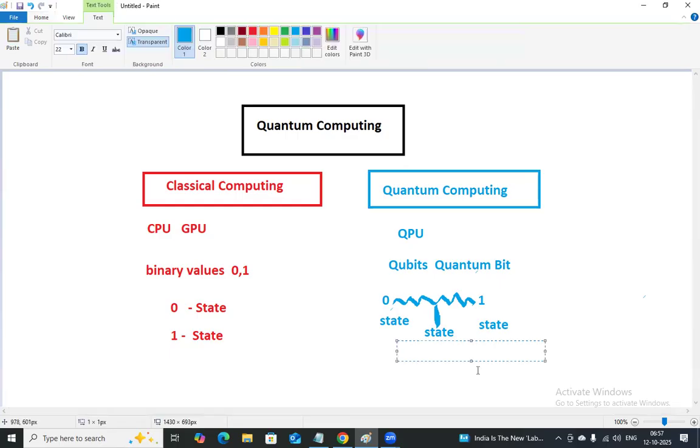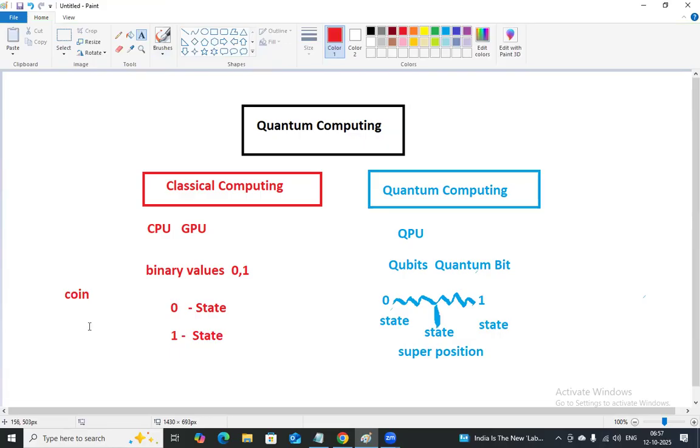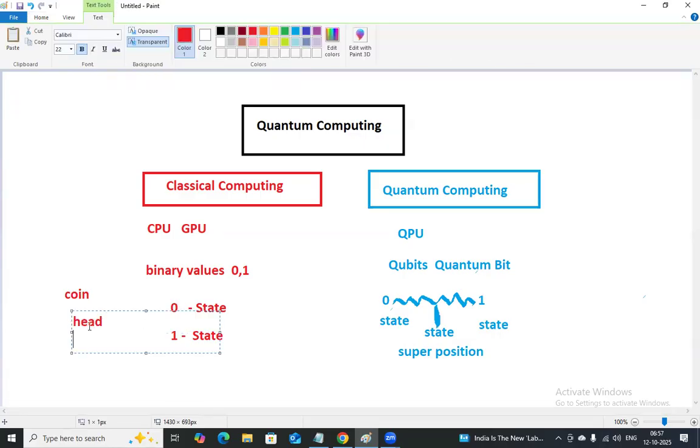I will give you one simple general example. There is a coin. When you flip the coin, it may get a state called head, or it may get a state called tail.